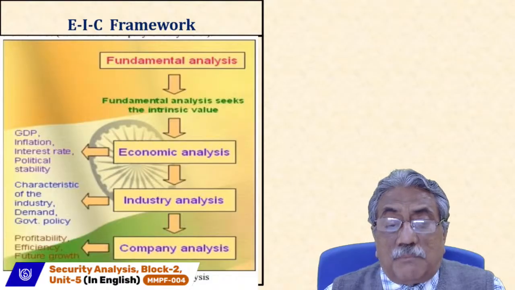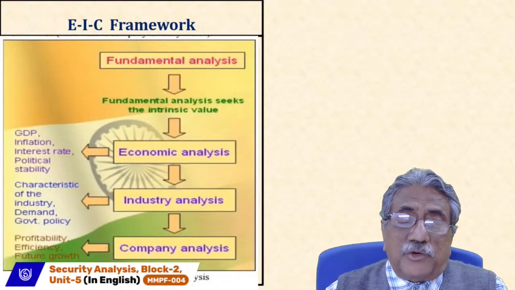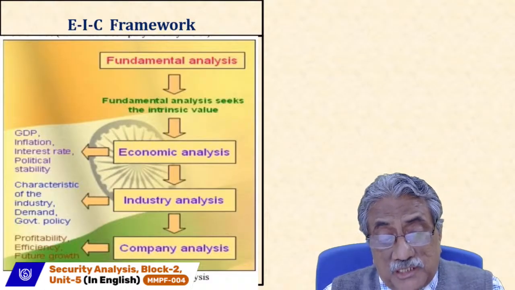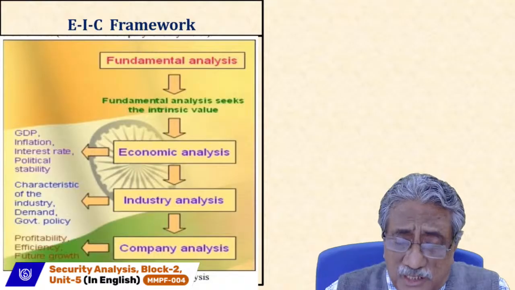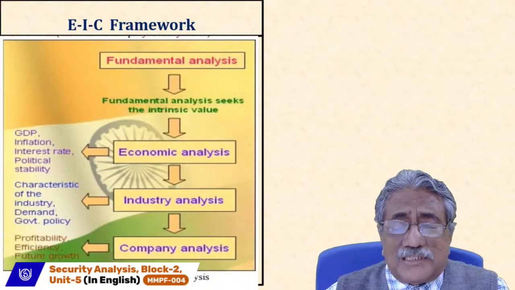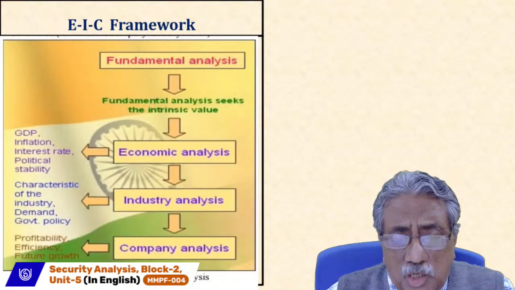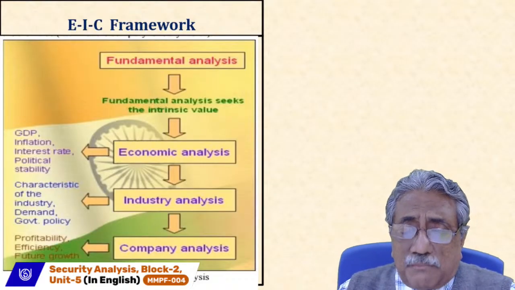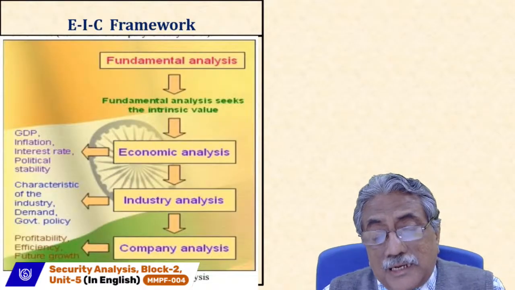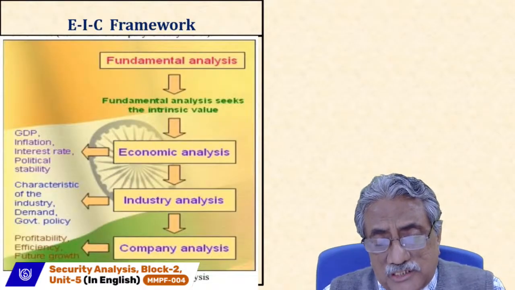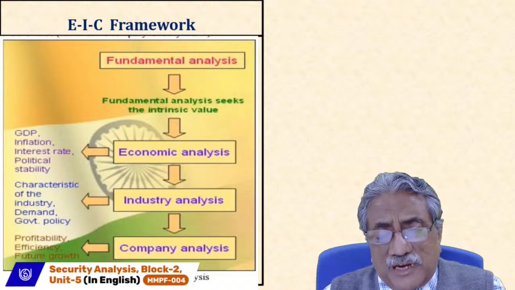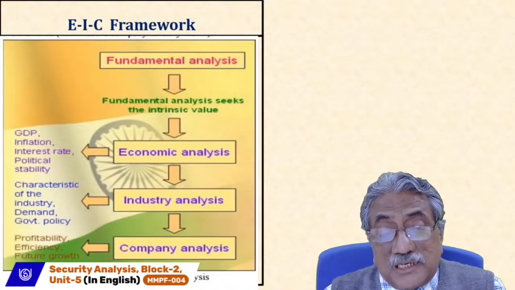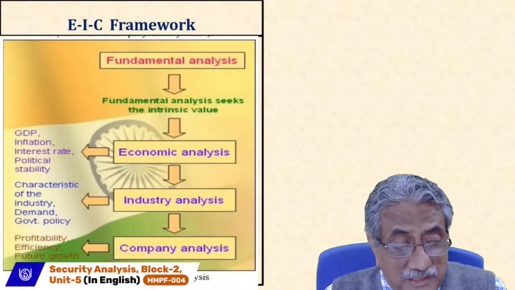And finally, we come to the company analysis, in which we try to understand the profitability and efficiency with which the company is functioning, what the future growth prospect of the company is, whether the company's asset turnover is good or not, or whether company solvency is good or not. That means even if bad times come, the company can survive and maintain its solvency, and whether its debt equity ratio is okay. These are the things we study in the company analysis.